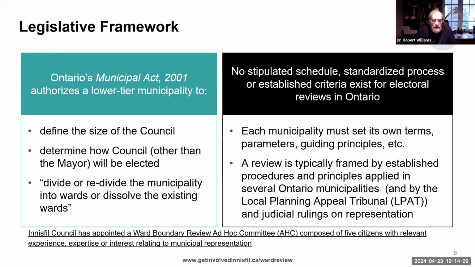The act also says the lower tier municipality can determine how the council will be elected, again, with the exception of the mayor. A mayor must be elected at large. After that, you can elect them in wards or at large. As I've just suggested, in Innisfil, one of the positions is elected at large, namely the deputy mayor. The others are elected in wards.